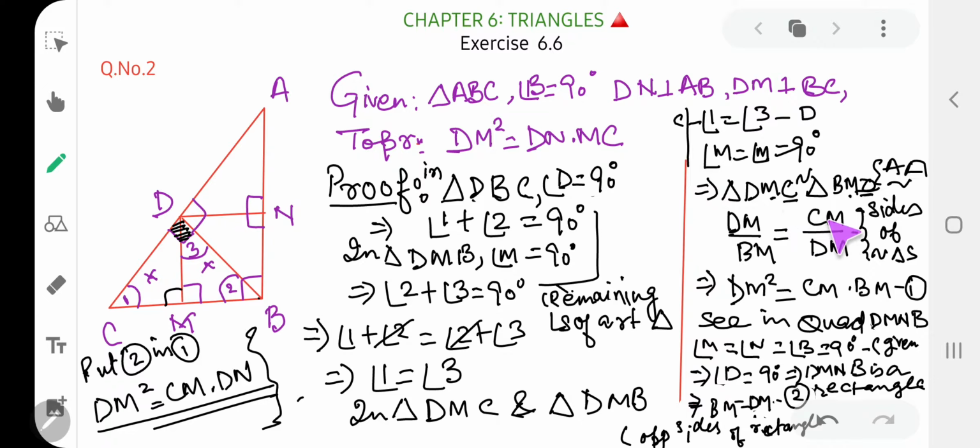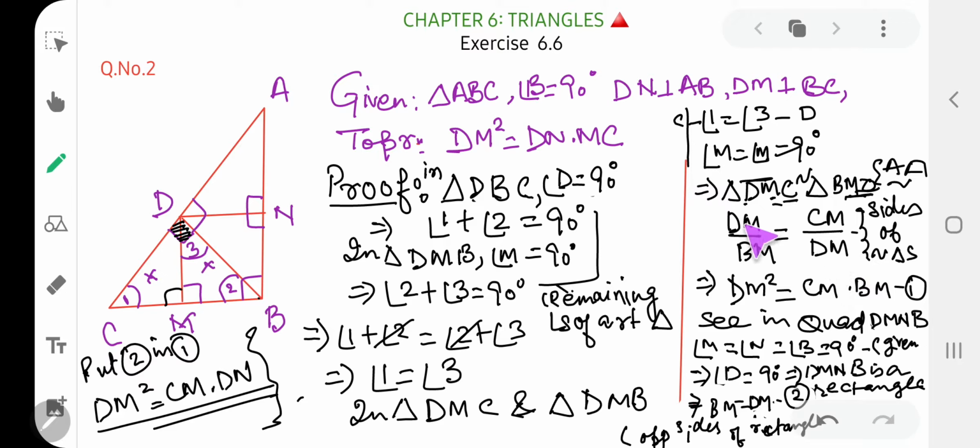Now let us write down the ratio of the sides in which DM is involved. First you will write DM in numerator, taking DM from this triangle. And this time take DM from this triangle, so DM should be in denominator.